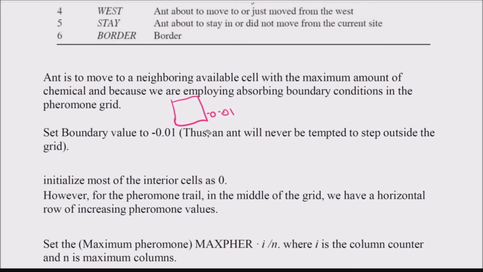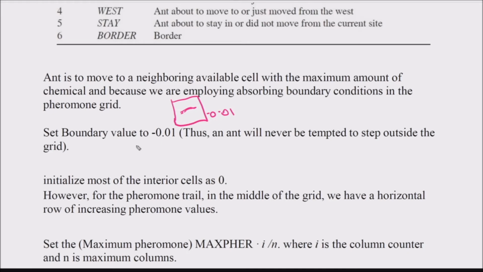That means it's a very small pheromone amount around the border, so the ant is never going to go there. If there is pheromone elsewhere, of course they will move towards that, but never will be at the edge. So this is a good way of controlling the ant.